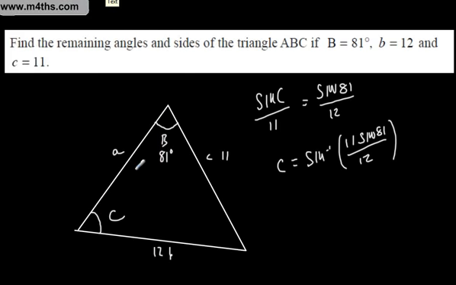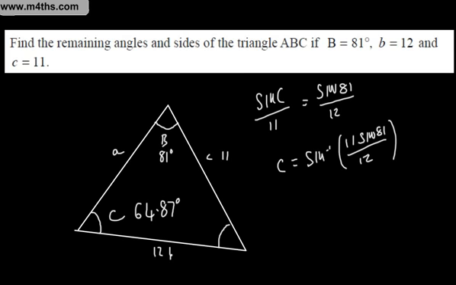64.87. So this one right here is 64.87. In A level as well, it's incredibly important to work to higher level degrees of accuracy. I'm going to leave that in my calculator. This angle right here is going to be 180 minus the 81 minus the value we've just found.